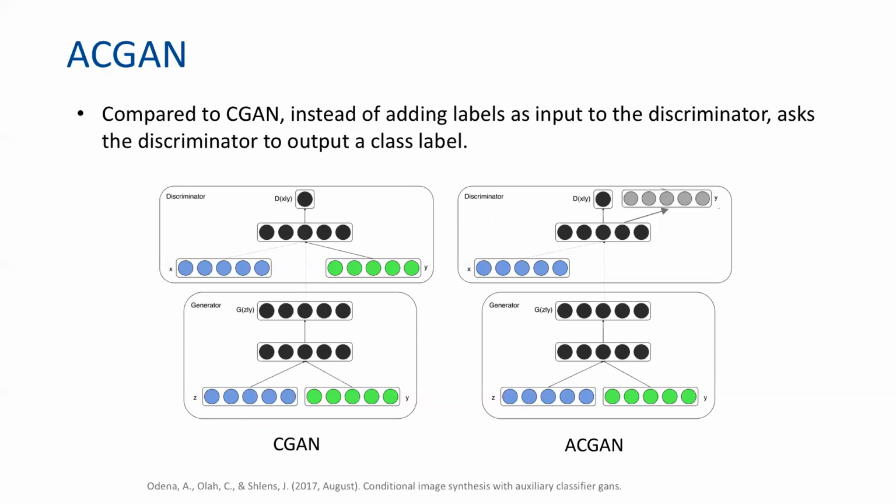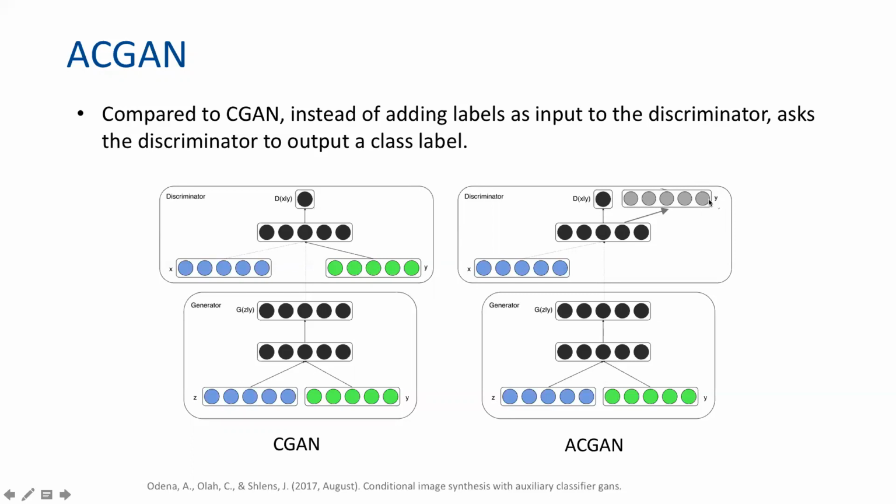So in many cases, it's beneficial to do this slightly differently. In a CGAN, both the generator and also the discriminator get to see the class labels Y. In an ACGAN, this is a slight variation where the generator still sees the class labels and tries to generate them, but the discriminator, instead of being trained to just discriminate and produce a true-false output, also produces the class label.